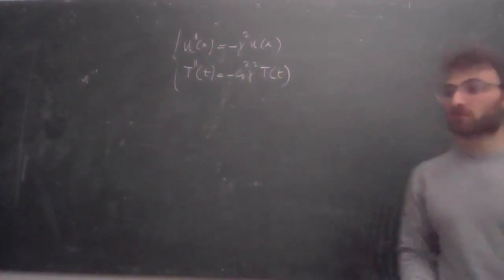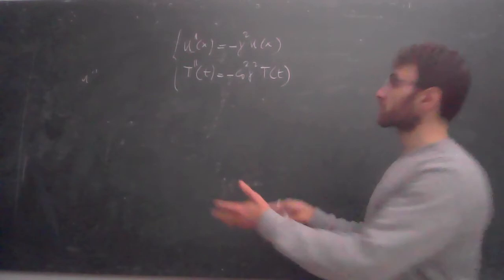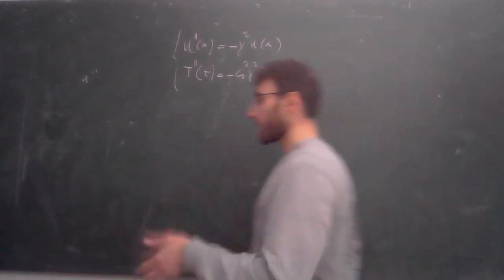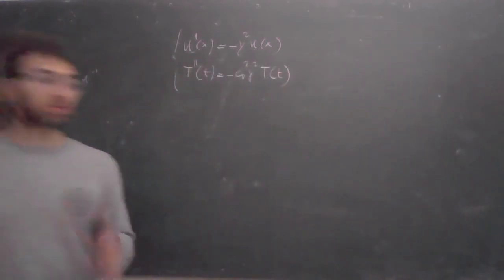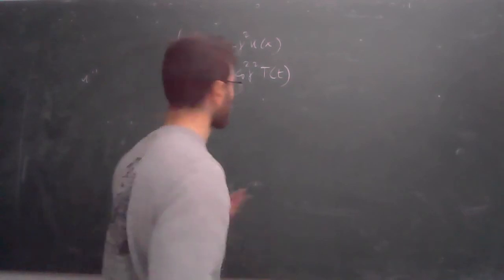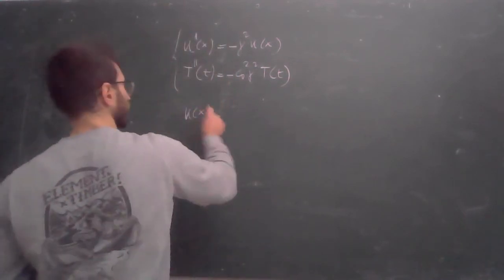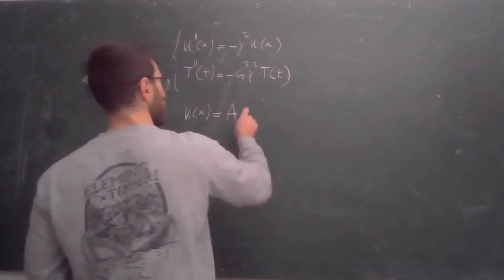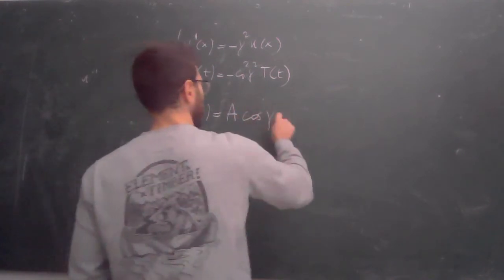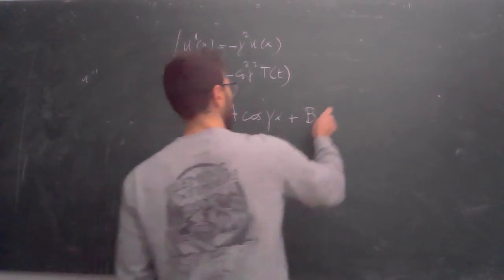This is the differential equation we encounter in the pendulum. We encounter it everywhere. The solution is the sine and cosine, the harmonic. So u of x is a cosine of gamma x plus b sine of gamma x.